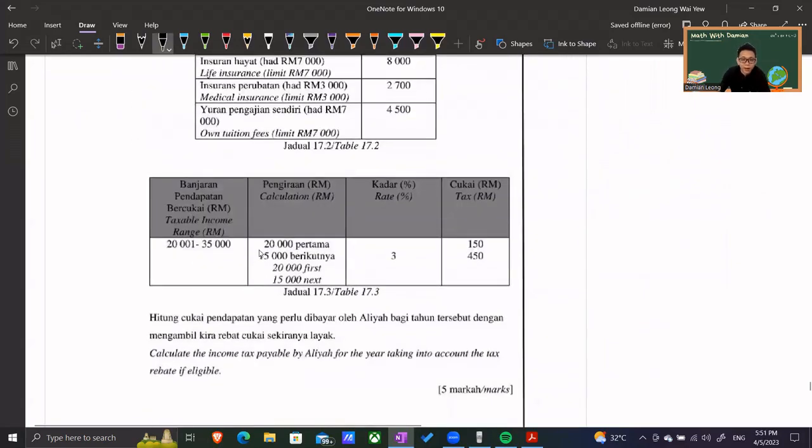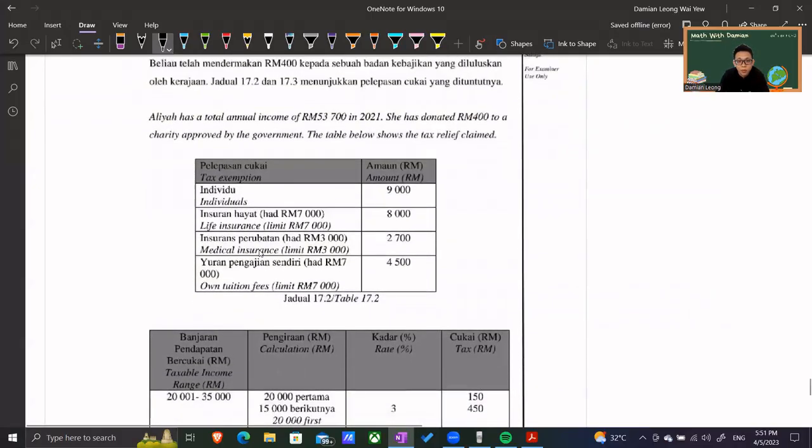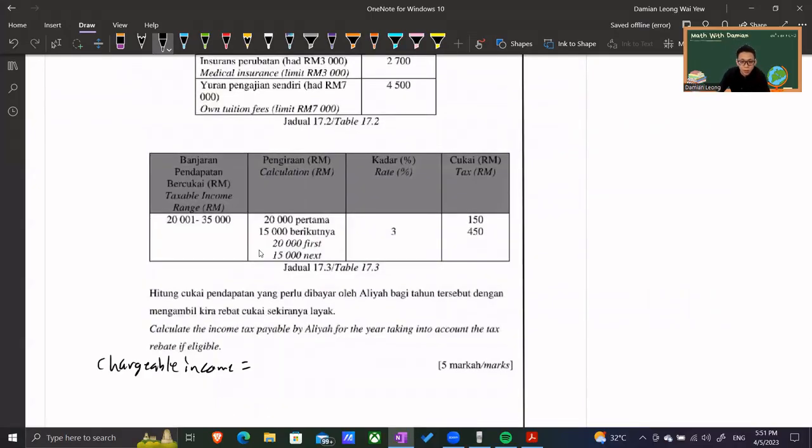First we find the chargeable income, which is total income 53,700 minus all the tax deductions and tax relief.